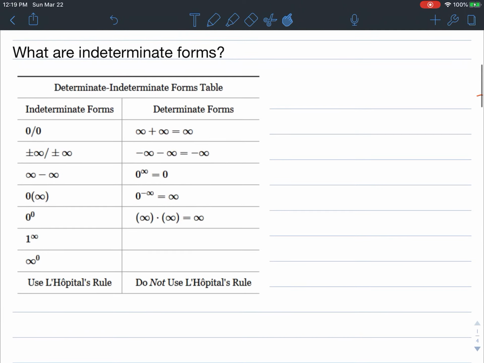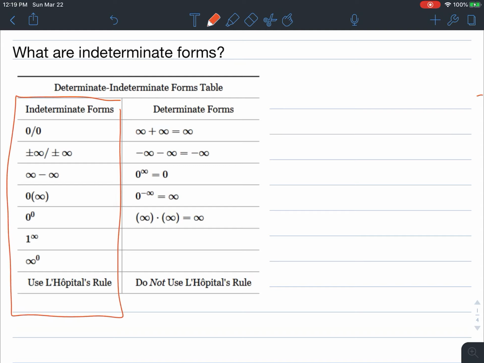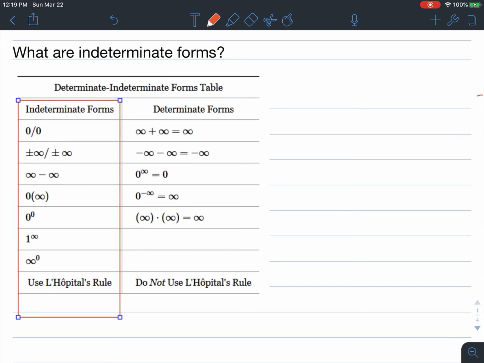So what are the indeterminate forms? The indeterminate forms are listed over here on the left. These are all the indeterminate forms, and this is when you can use L'Hopital's rule. These are determinate forms, so you would not use L'Hopital's rule for these.